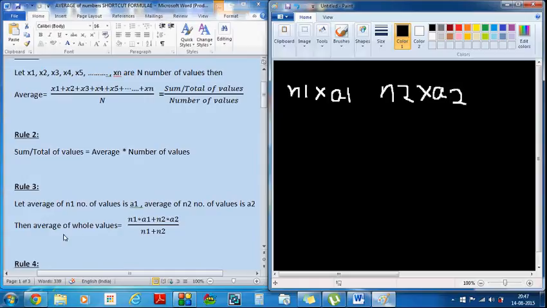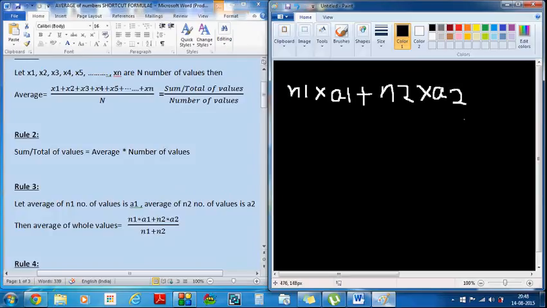Now the average of the full values, that is, of the n1 values and n2 values together. To calculate it, we have to calculate the sum of the full values. The sum will be n1 into a1 plus n2 into a2, means the sum of n1 values and the sum of n2 values.